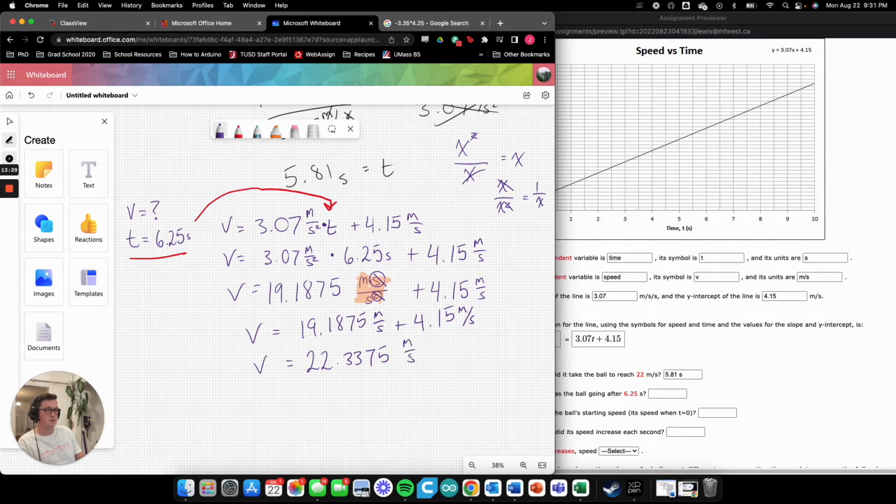This is meters per second because we're solving for v. But wait a second, that's way too many significant figures. So 1, 2, 3 significant figures, cut it off there, round that 3 into that 3. That's not going to change anything. So 22.3 meters per second.